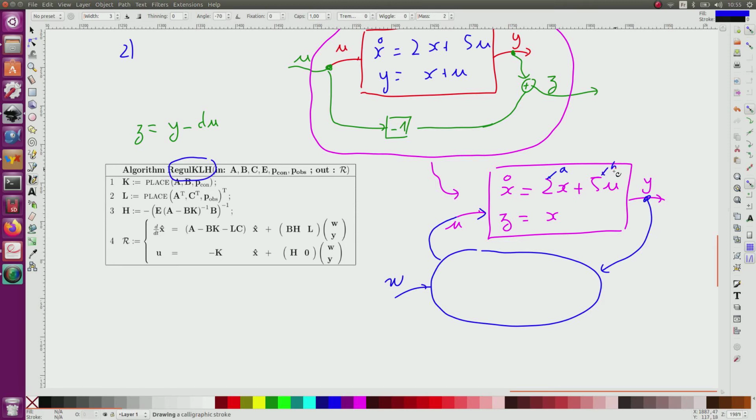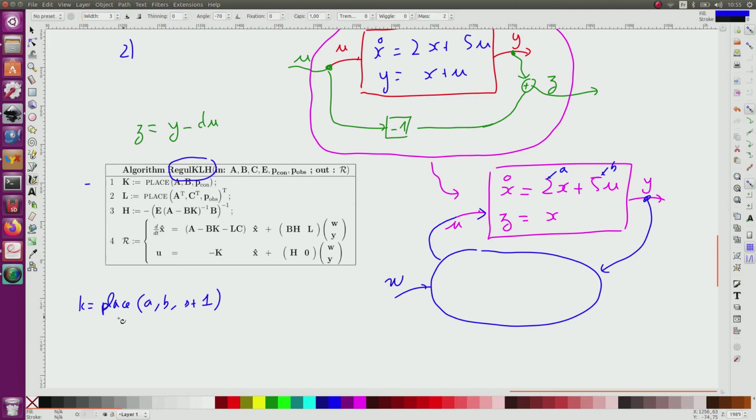So recall that A corresponds to this. This is B, and C is equal to 1. For the first step, I will have to solve K equal place of A, B, and the polynomial is to take s plus 1, because I want the root equal to minus 1.